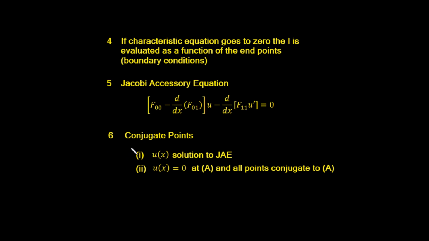We then looked at the idea of conjugate points. So if this function here, u of x, is a solution to the Jacobi accessory equation, and u of x is equal to 0 at some point a, then it's going to be equal to 0 at all points conjugate to a.